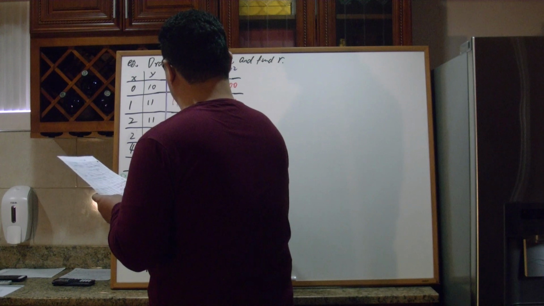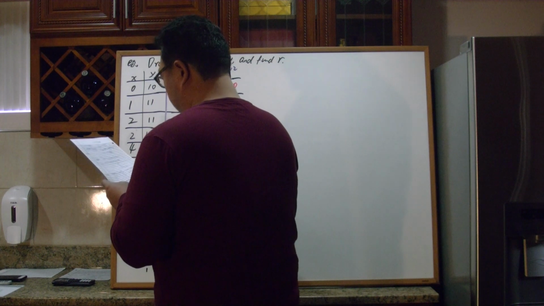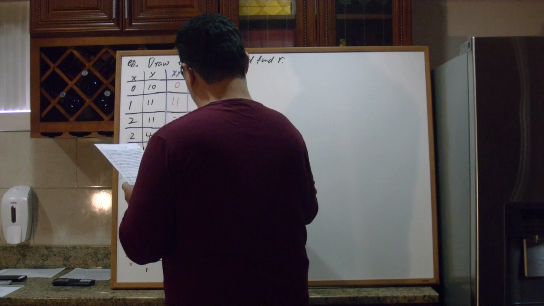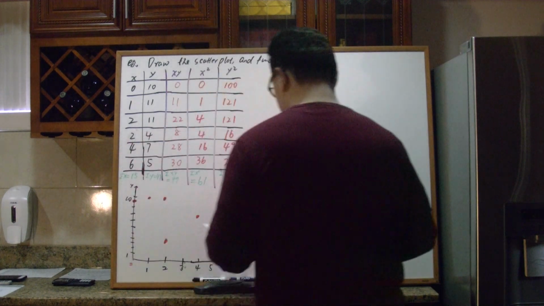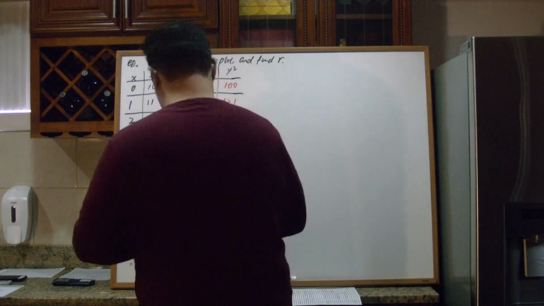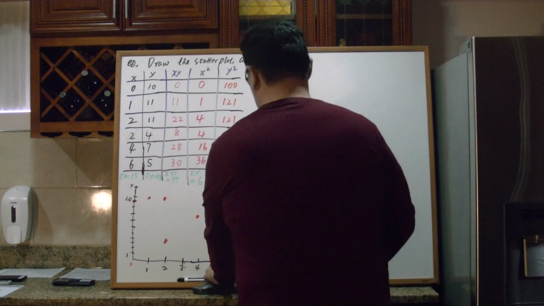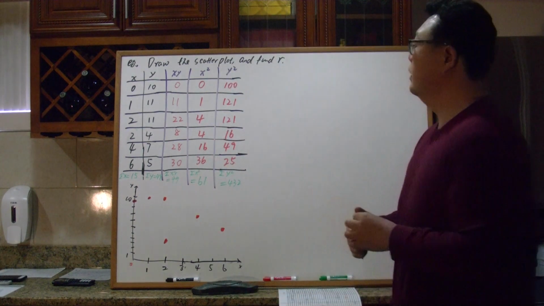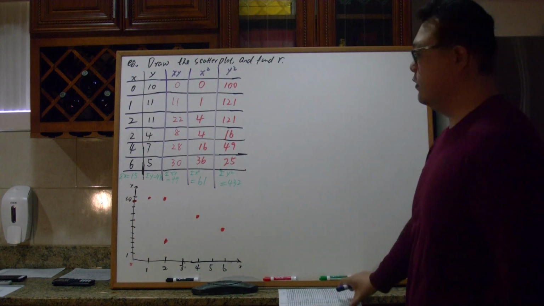The next one is the sum of x squared, which is 61. And the last one is the sum of y squared, which has value 432. Right, that's what we have for the table values.